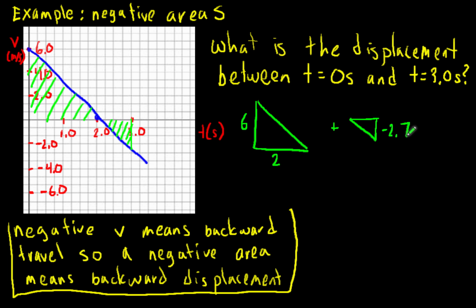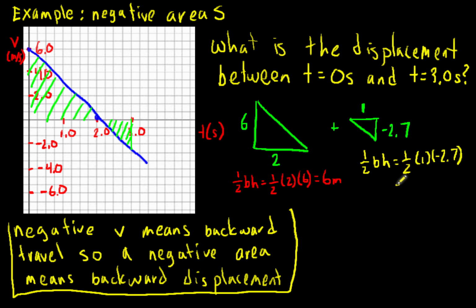So we have negative 2.7 as the height of the second triangle, and 1 as its base. The area of the first triangle is 1/2 base times height, which is 1/2 times 2 times 6. This is 6 meters. The area of the second triangle is 1/2 base times height, which is 1/2 times 1 times negative 2.7.